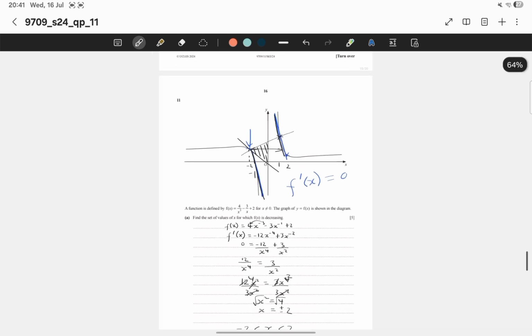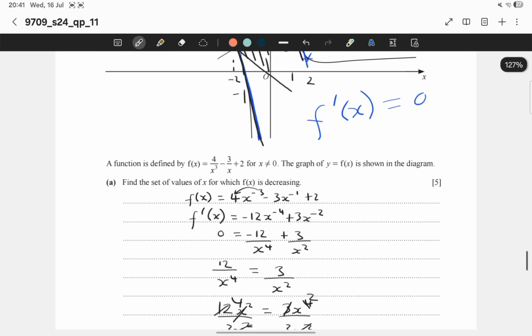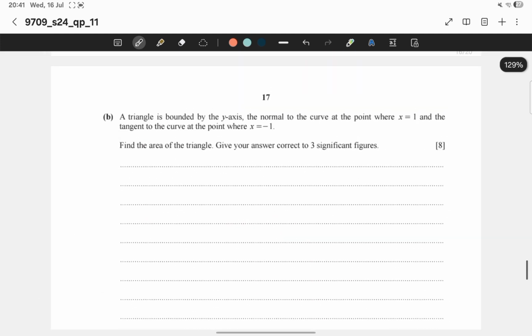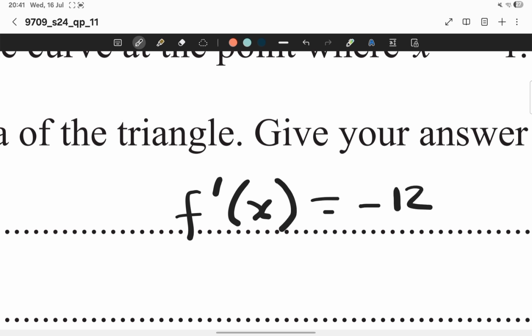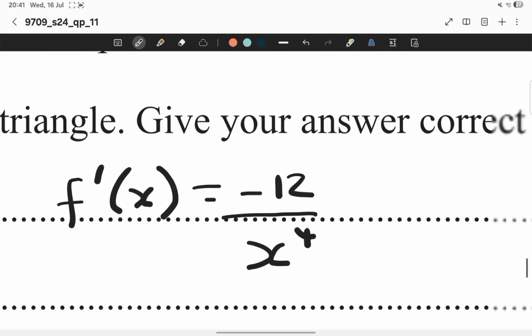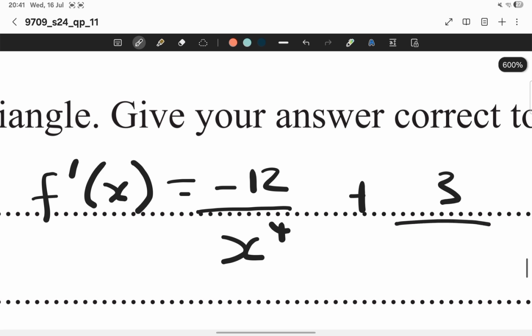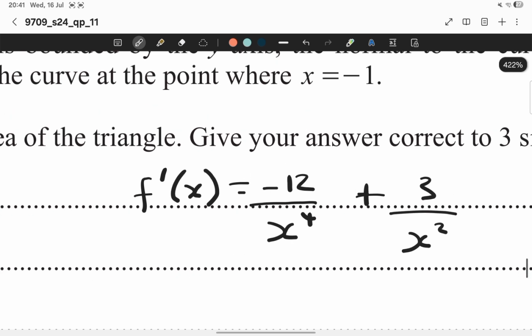From part A, we know the first derivative is minus 12x to the power minus 4 plus 3x to the power minus 2, so it's minus 12 over x to the power 4 plus 3 over x squared.